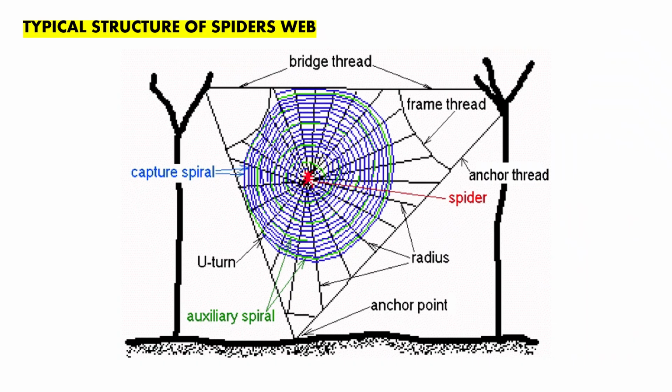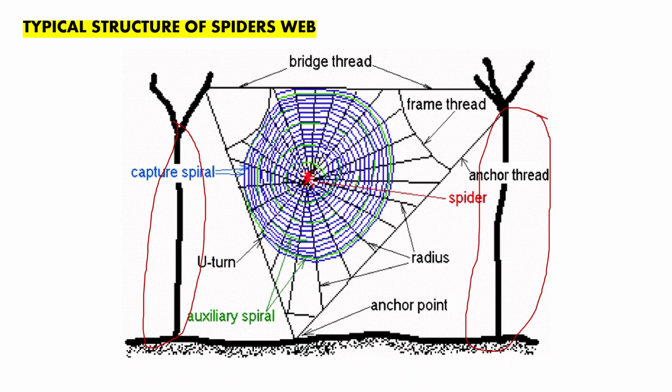Now here you can see a typical structure of a spider's web. Whenever a spider prepares its web, it first selects two pillars, which are the foundation for the web.